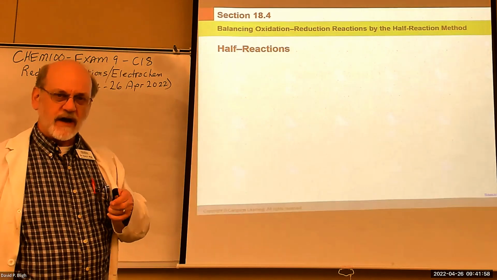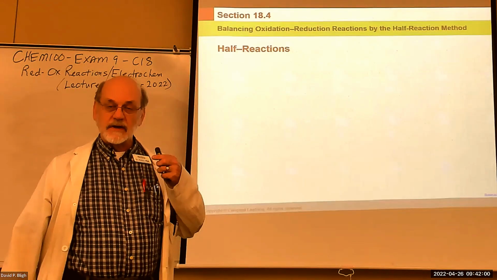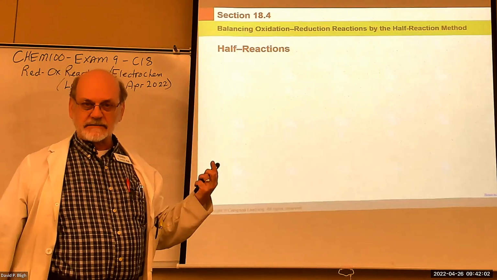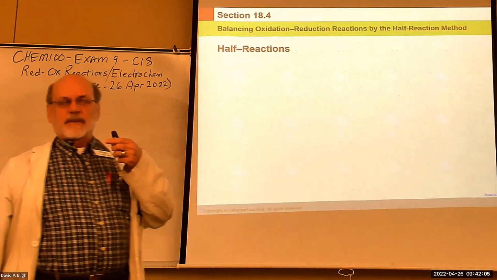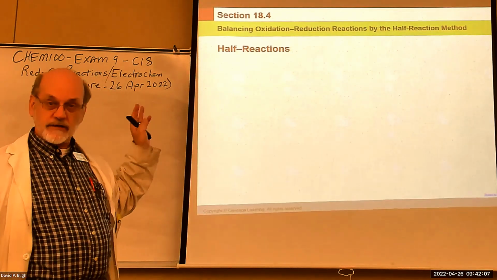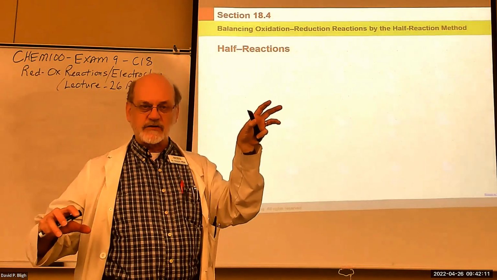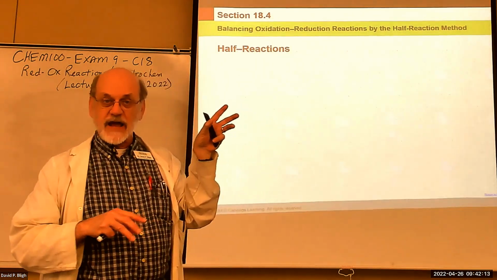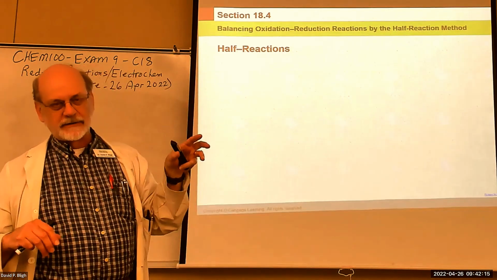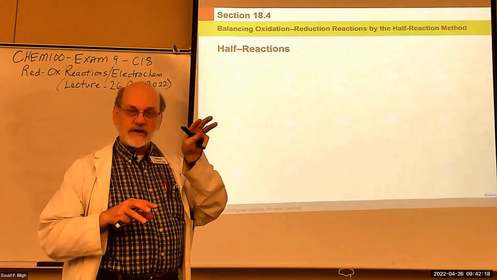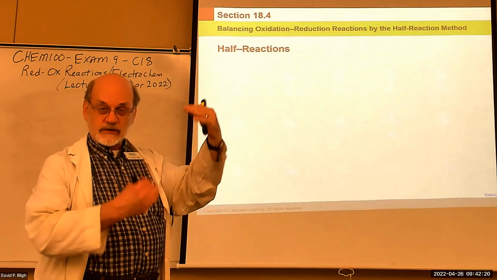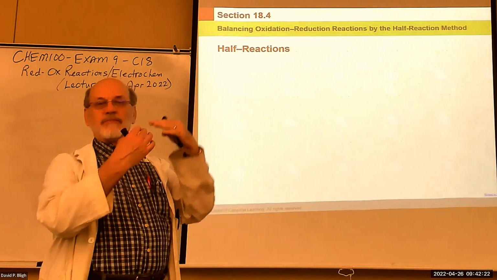If you know that you have a redox reaction, this works best. Now, you can do it, and I'm going to show you the method for splitting your reaction into two half reactions. One is the oxidation reaction, and one is the reduction reaction. And then you balance those, and you reconcile your electrons between the two, and then you put them back together.